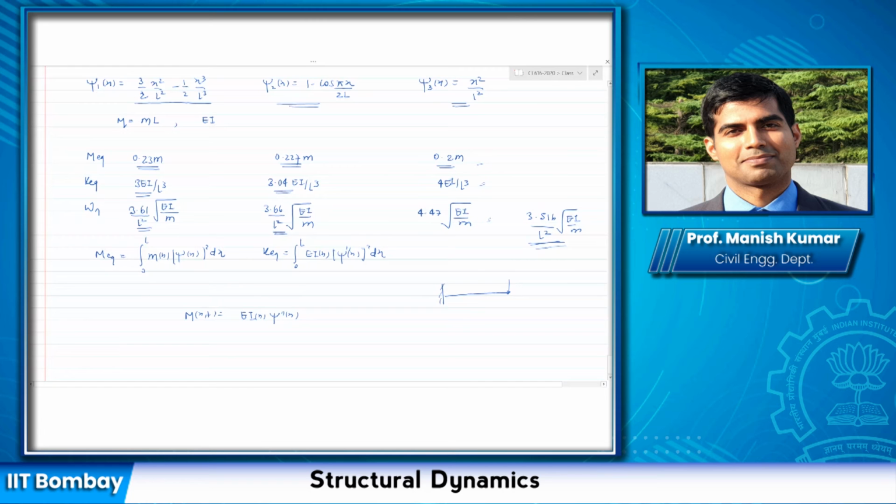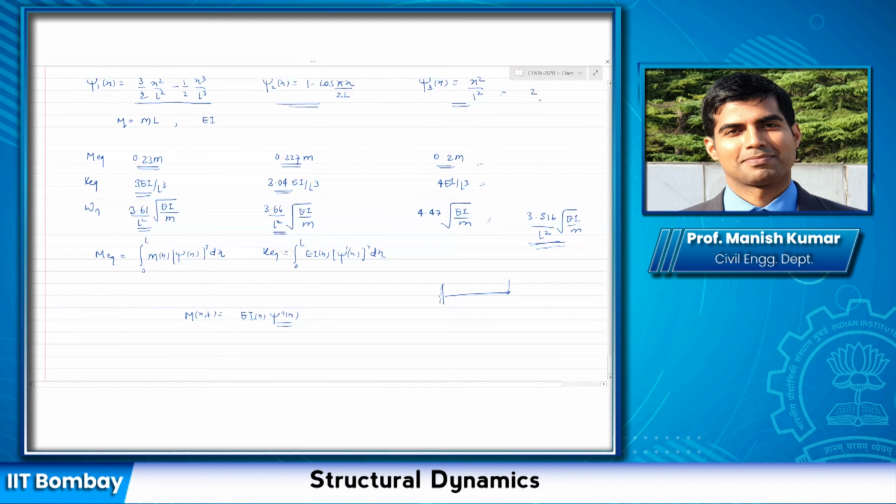Compared to these, if you substitute x equal to L, you will see that phi 1 double dash L is equal to 0, phi 2 double dash L equal to 0. However, phi 3 double dash L is not equal to 0.